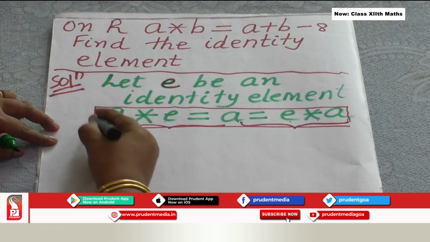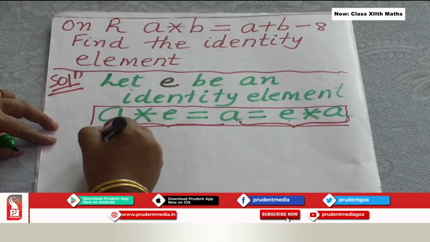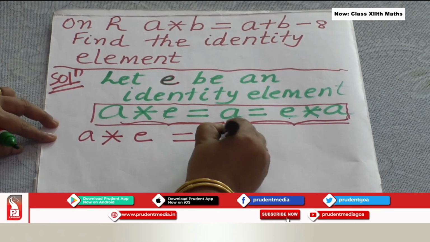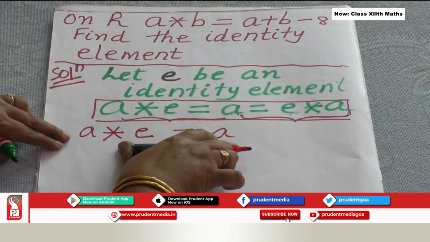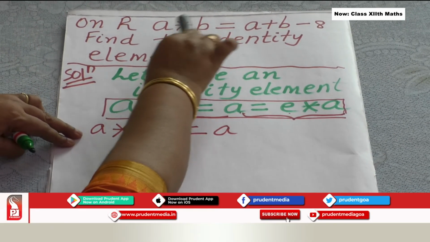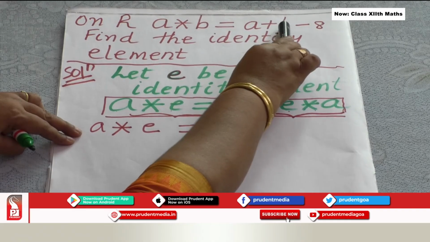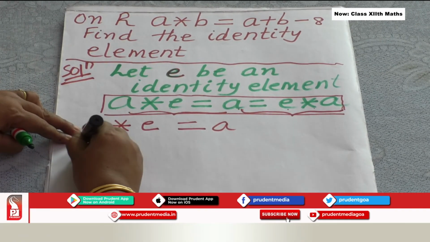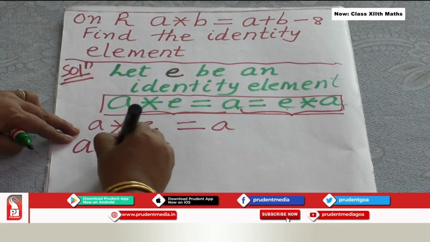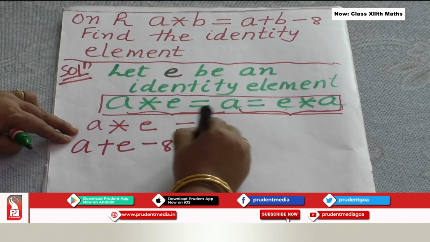So on this side I will take A star E is equal to A. Now what is A star E? A star E will be A plus E minus 8.